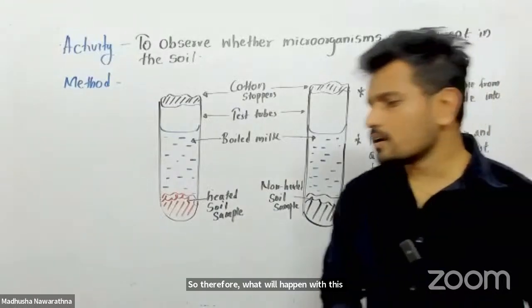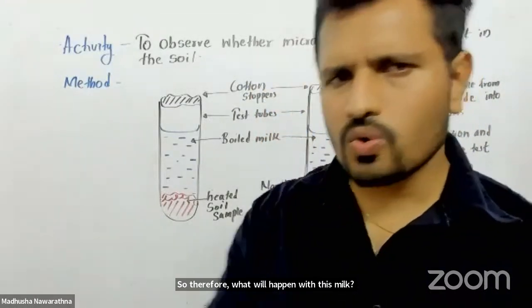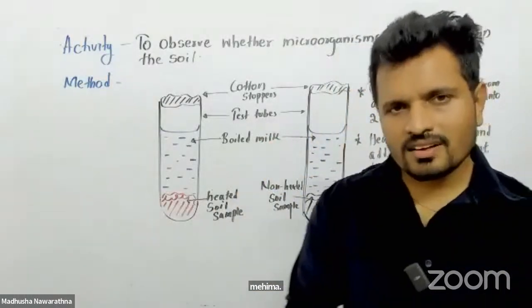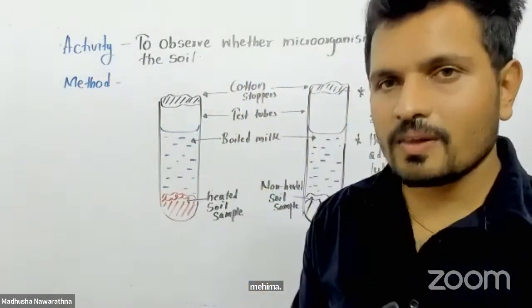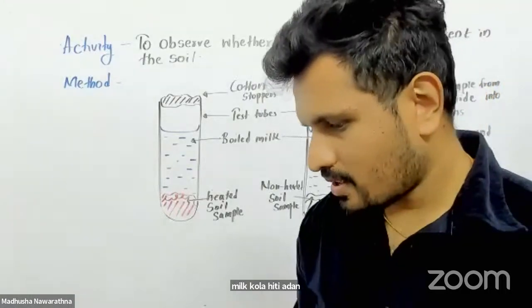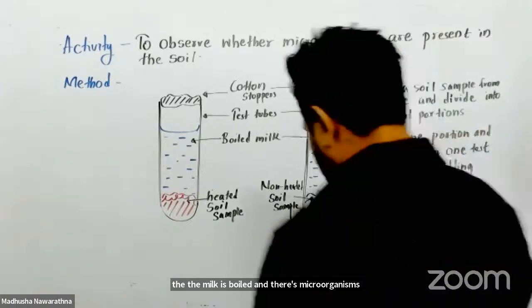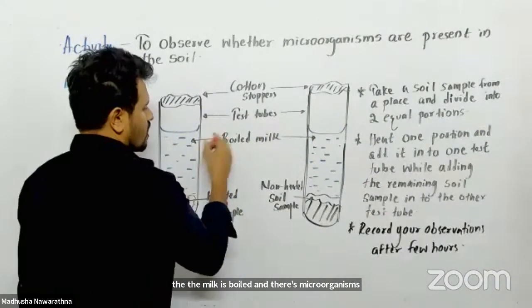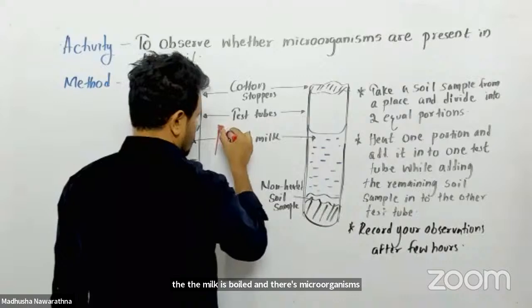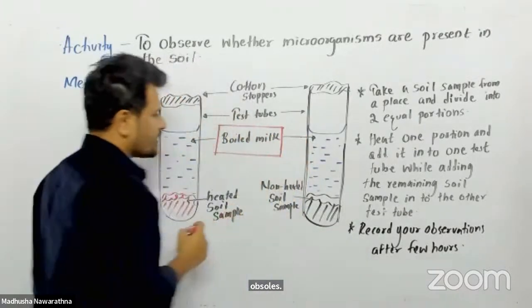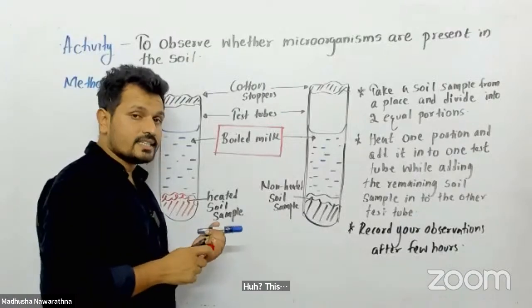Then someone might say, we don't even know whether there were microbes in the milk. Sir, there could be microbes in the milk. If the milk is boiled, then there are microorganisms also. Very good. So you can observe this milk is already boiled.